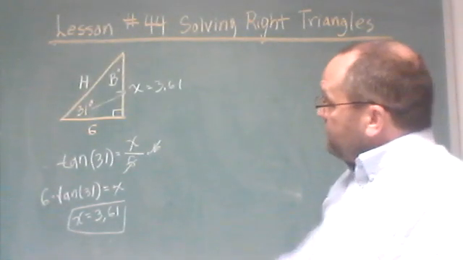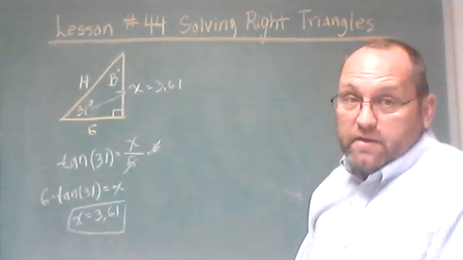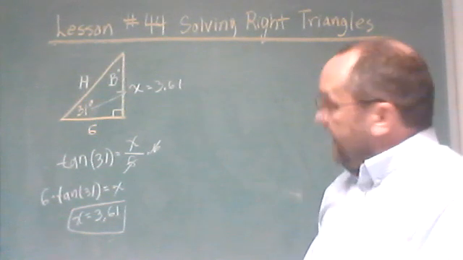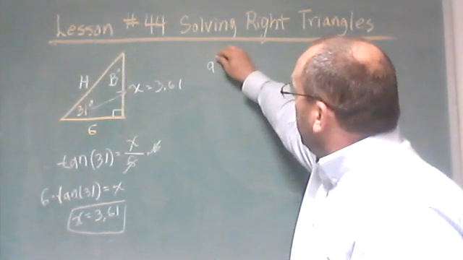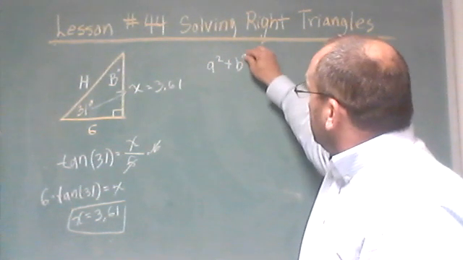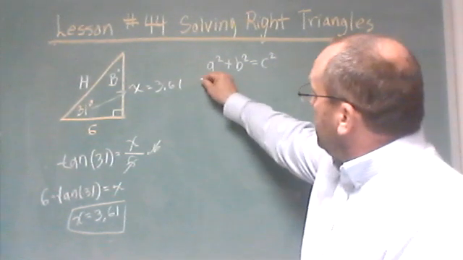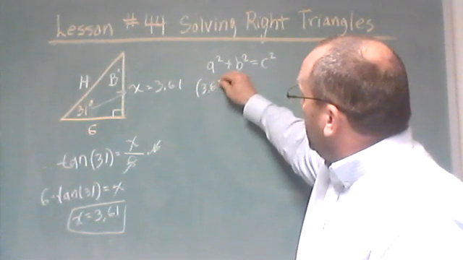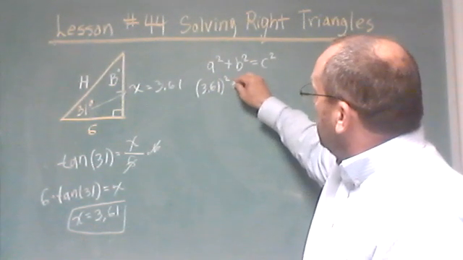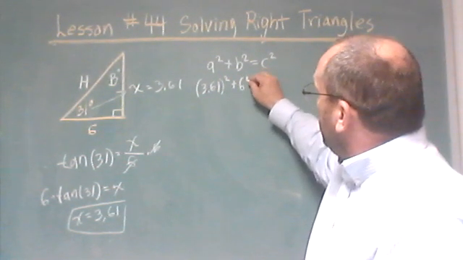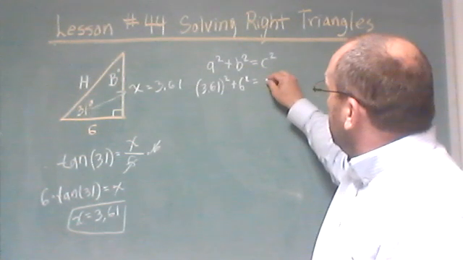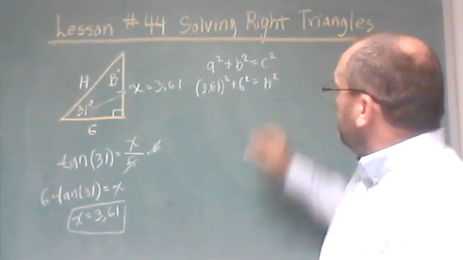Now let's find the hypotenuse length. I know I can use the Pythagorean theorem to find that hypotenuse length. It's going to be 3.61 squared plus 6 squared equals the hypotenuse squared.